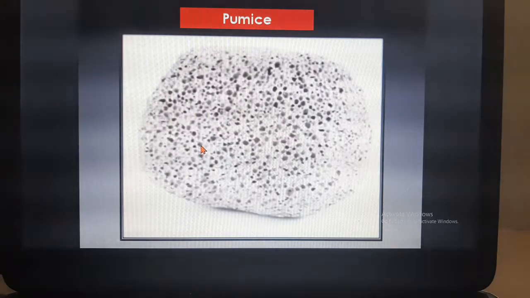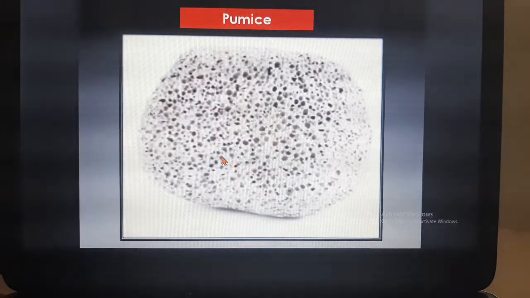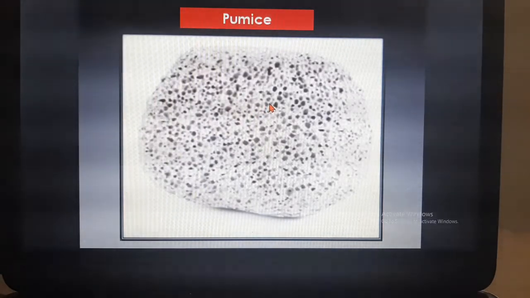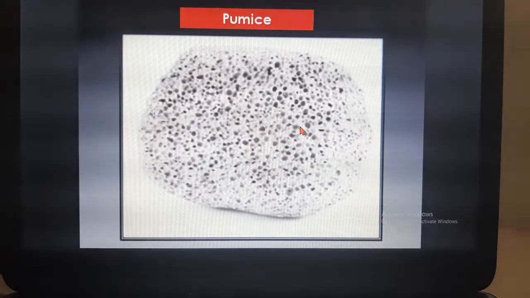This is the porous form of the stone, and it is called pumice. Sometimes these stones can be found in a green color. These are the different types of rock, and they have different properties.